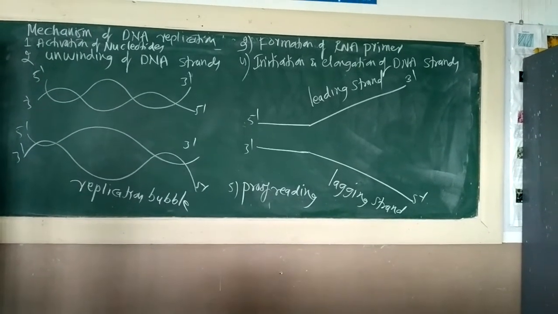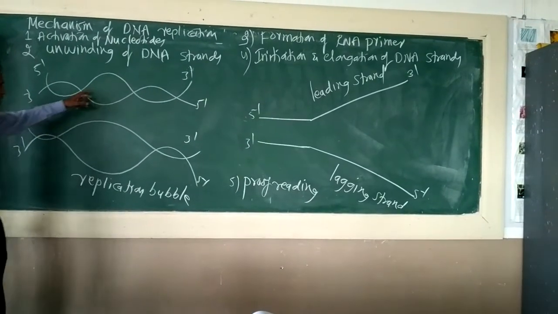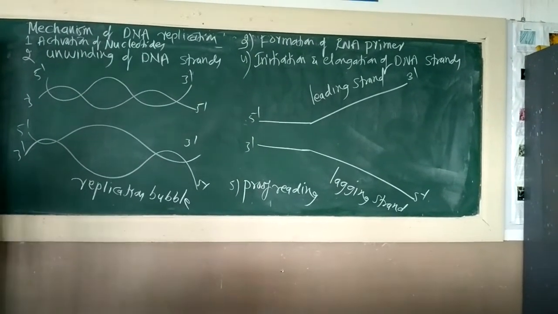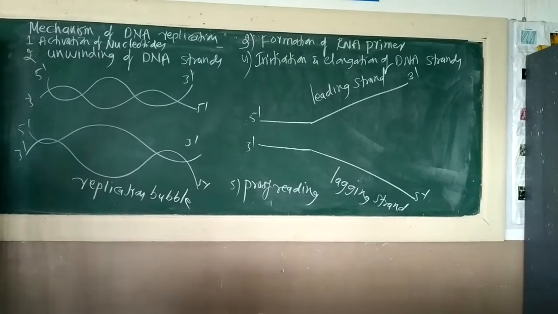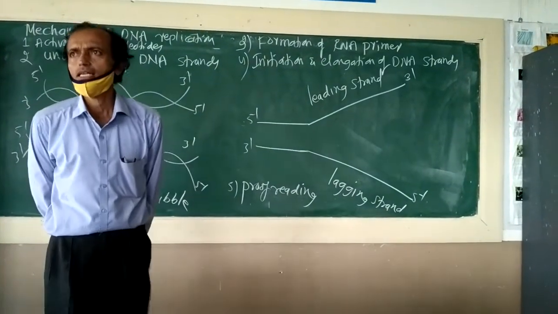Next is unwinding of DNA strands. The DNA strands that are wound right-handedly should be separated to make single stranded regions. That is done by the enzymes helicase and gyrase.